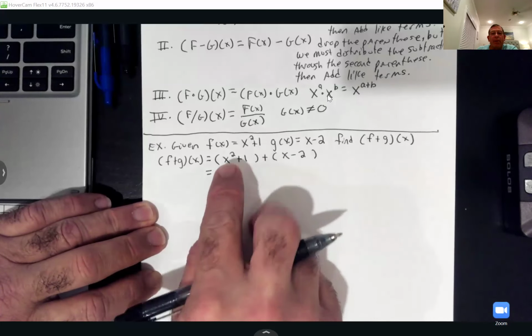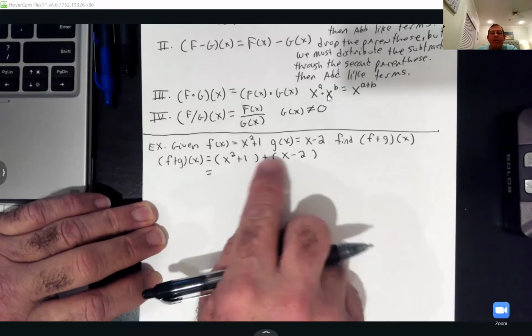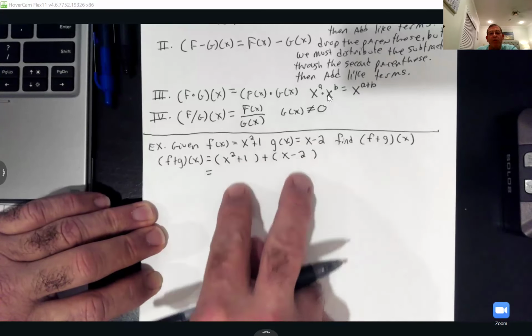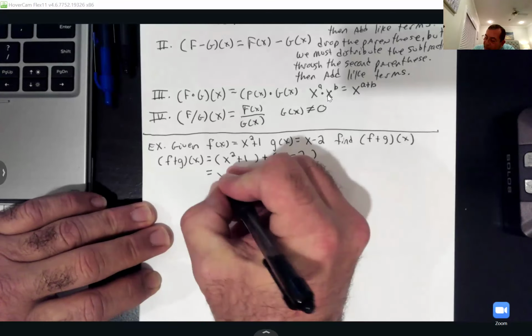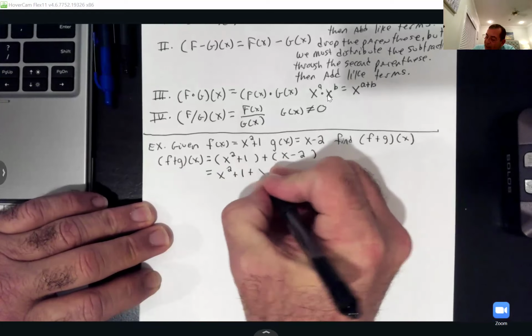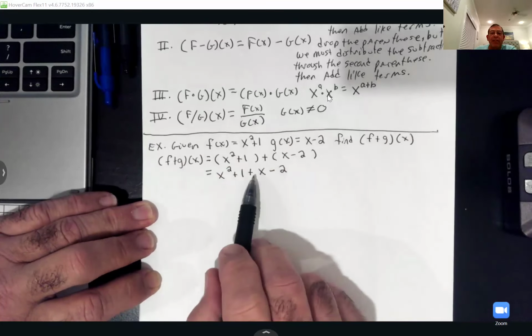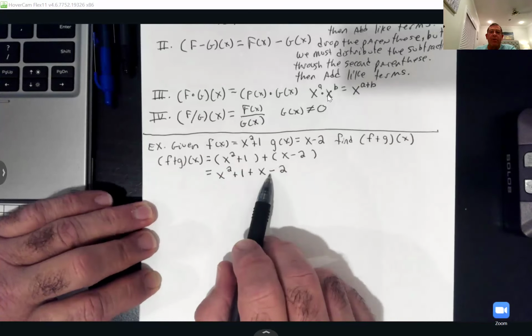So remember, since we're adding and there's no negatives in front of these parentheses, we can drop the parentheses and keep everything inside the same sign when it comes out. So that this x minus 2 stays a positive x and a negative 2, okay?